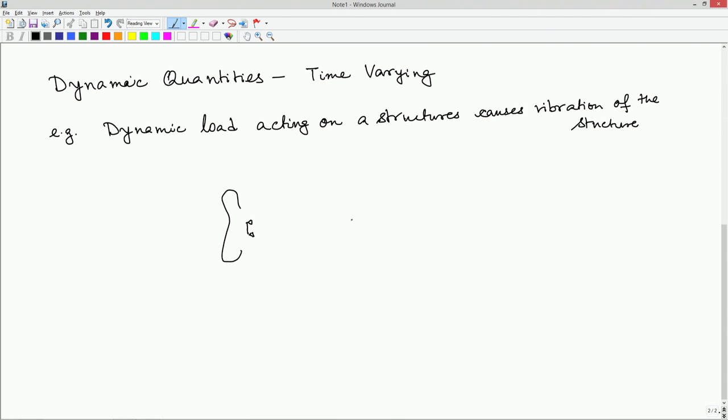Now if I look at just the eardrum, it is being subjected to atmospheric pressure, that is for sure, but on top of the atmospheric pressure, the fact that I am talking to you implies that my voice is creating some fluctuating components, and these fluctuating components are going to cause the ear membrane to oscillate.